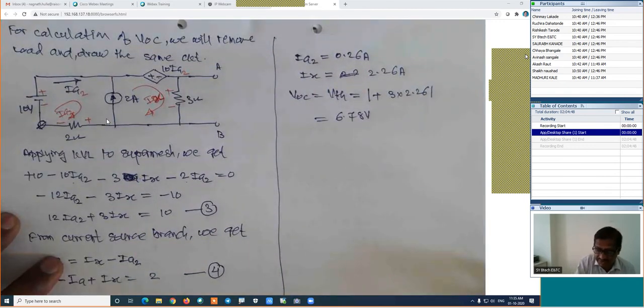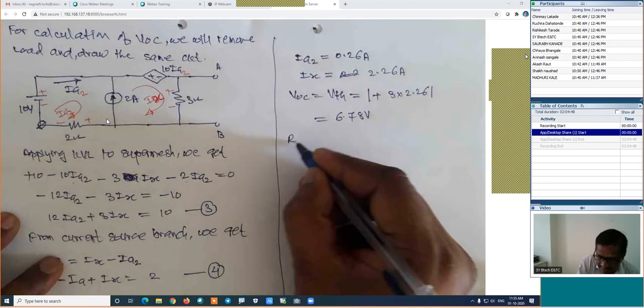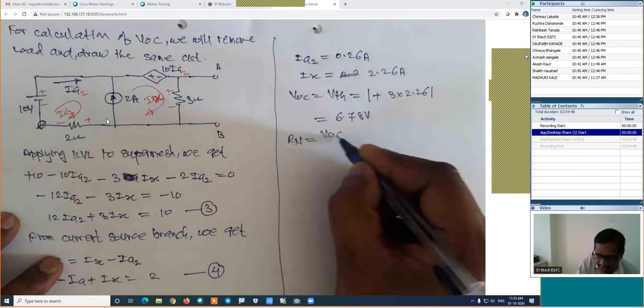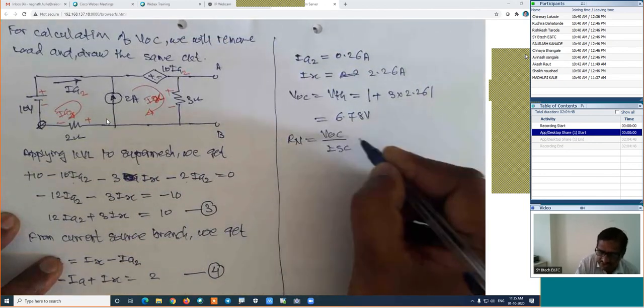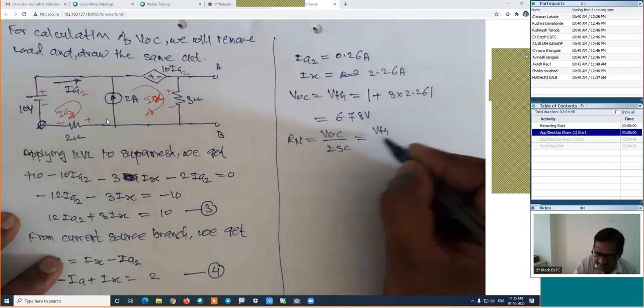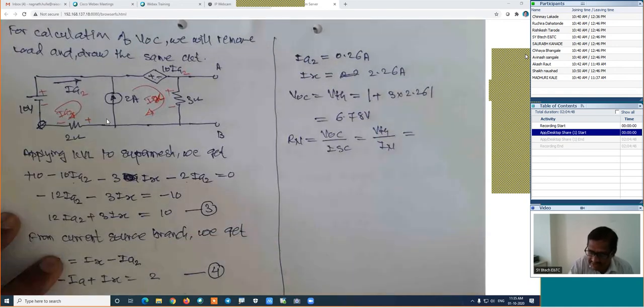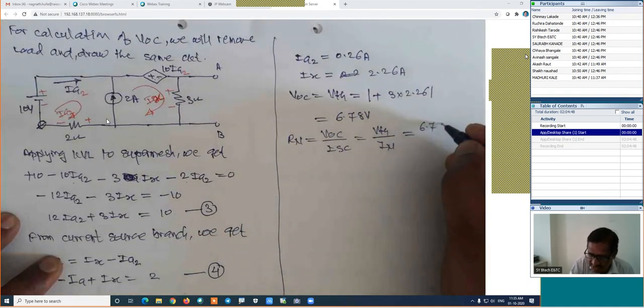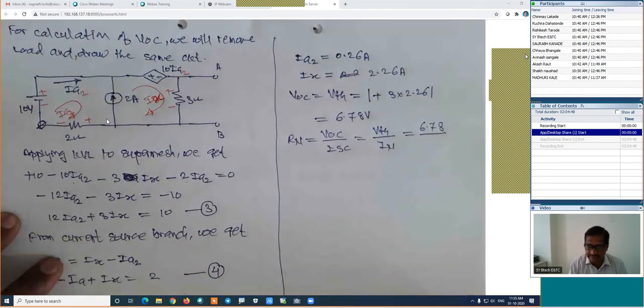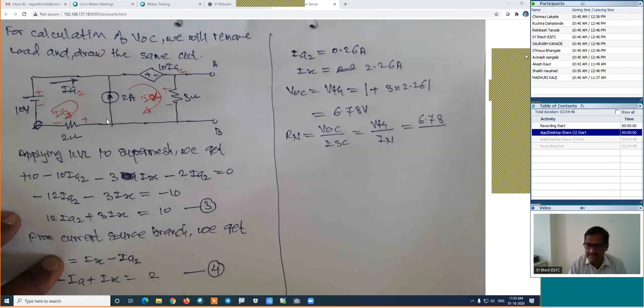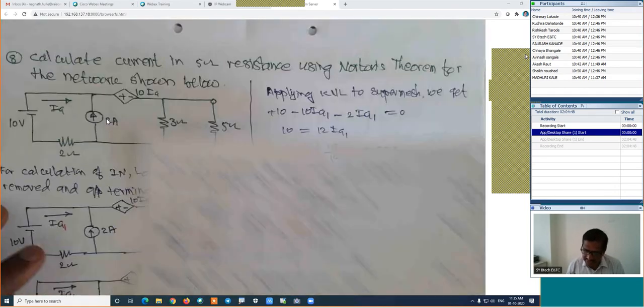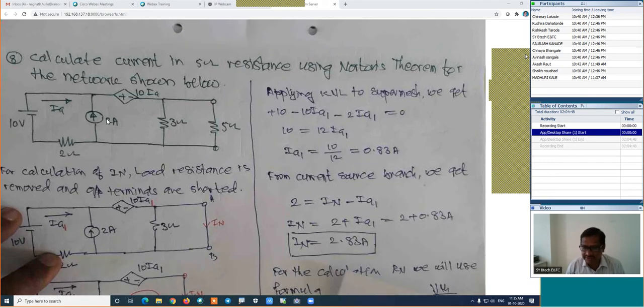If we know the VOC, then I will use a formula. This RN is equal to VOC upon ISC, which is VTH divided by IN, where VOC is 6.78, divided by IN. ISC we have already calculated. How much is the value? It is 2.83. Is it right?